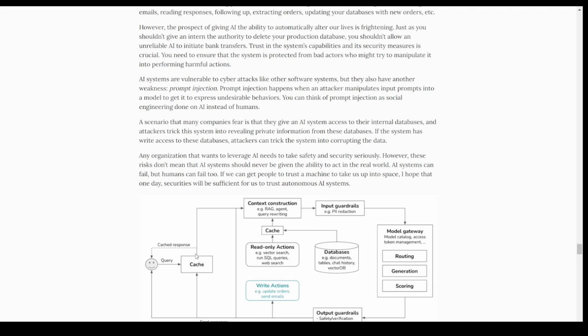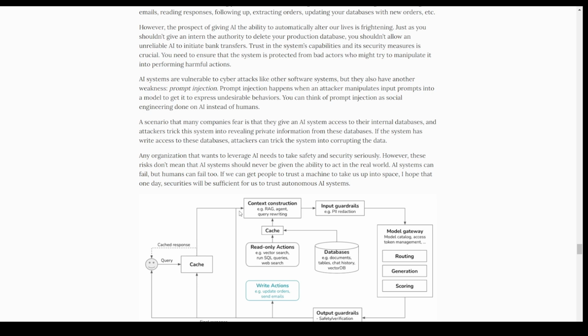If we have the same input, then we might return the response directly. Otherwise, we move towards a more complex form of context construction. In that context construction, we might use retrieval methods, agents, query rewriting, and some sorts of read-only actions. Once we did that, we would cache the output of these things for our future uses.